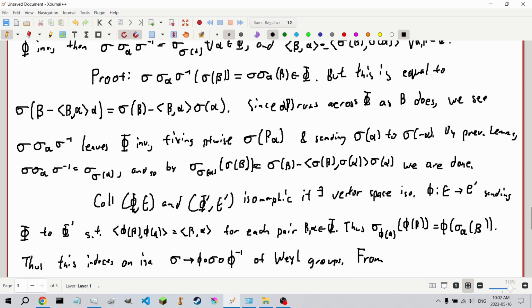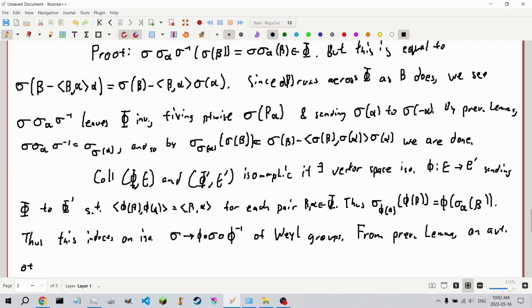From the previous lemma, an automorphism of the root system is an automorphism of the Euclidean space leaving the root system invariant.